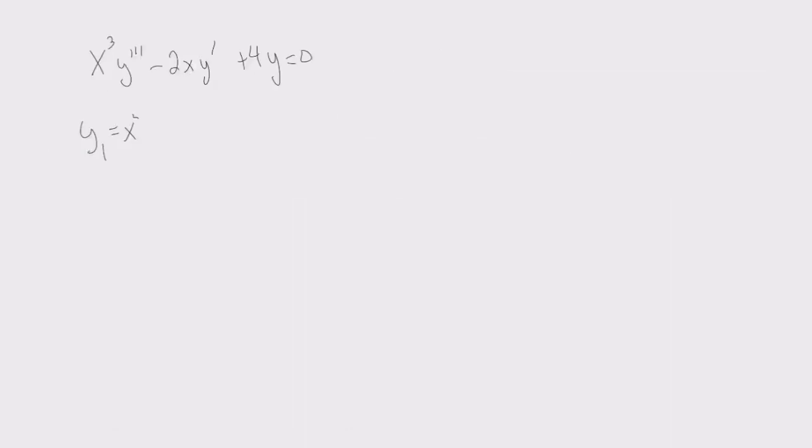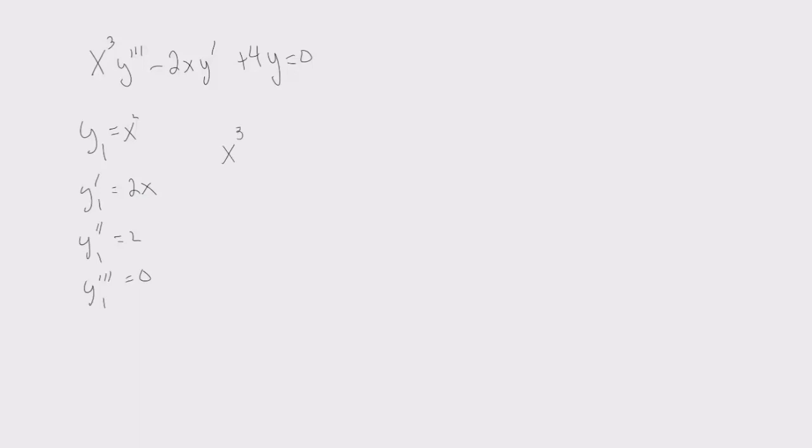Okay, so let's start with y1. y1 we said was x squared, so the derivative of that would be 2x, the second derivative would be 2, and the third derivative would be 0. Then let's substitute those expressions in and verify that everything is on the up and up.